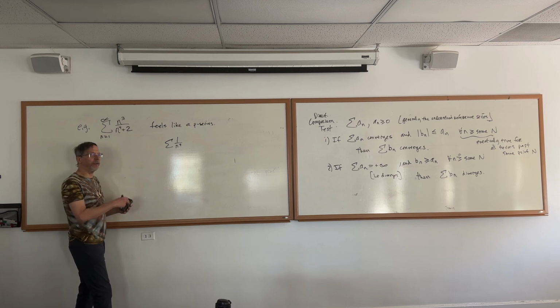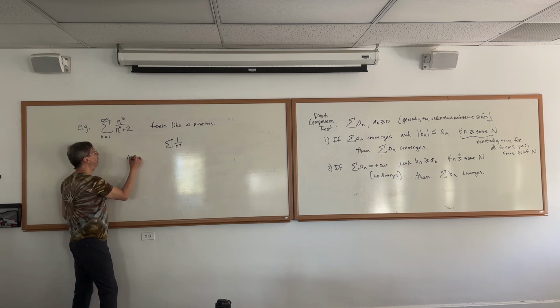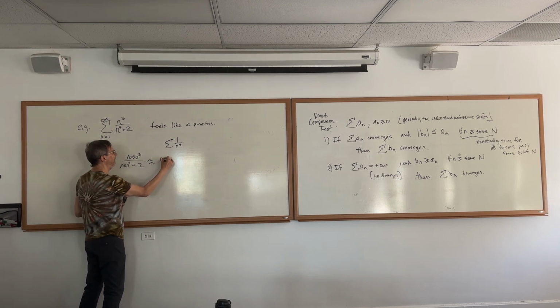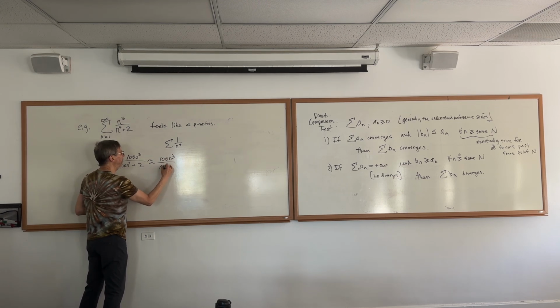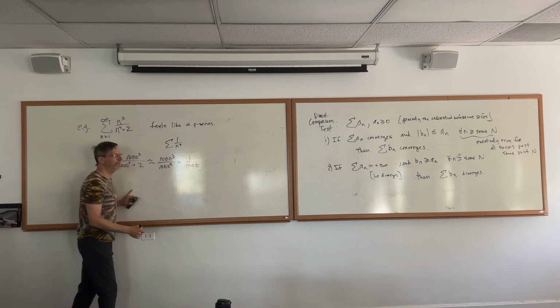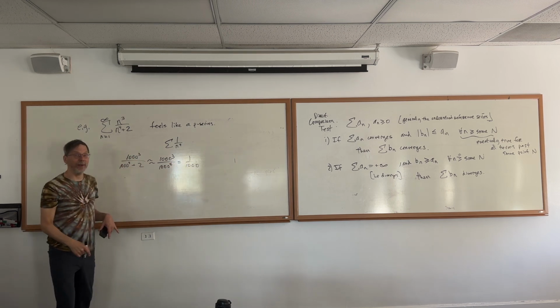Yeah, when n is big, so think about having 1,000 cubed over 1,000 to the 4th plus 2. The 2 doesn't matter much. And this is approximately 1,000 cubed over 1,000 to the 4th. And that's approximately 1 over 1,000. Well, that is exactly 1 over 1,000 right there.